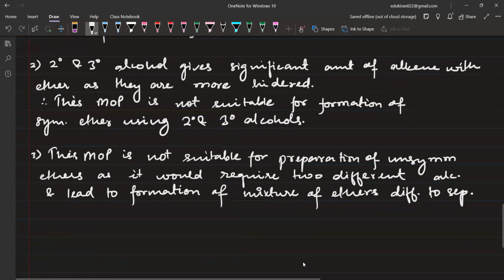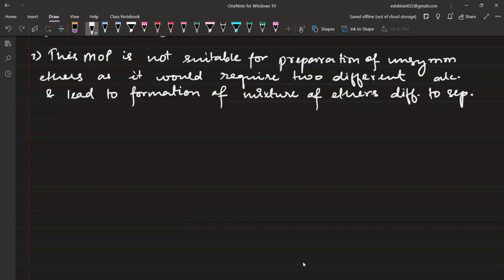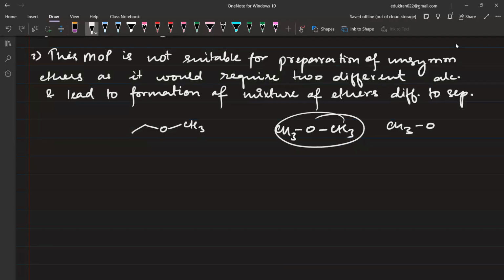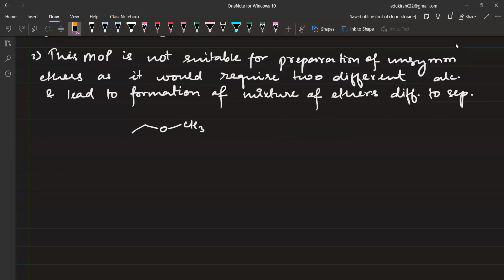Okay, understand this a little easily, pay attention. Please don't write now. Listen very carefully. Let us suppose you have 2 carbon atoms, oxygen and then CH3. So when you had CH3OCH3, then you required only one alcohol, that was CH3OH. So in CH3OH, carbon atom would attack again and become CH3OCH3. But when you have an unsymmetrical ether, that is CH3CH2OCH3, then in that case, we would require 2 alcohols.